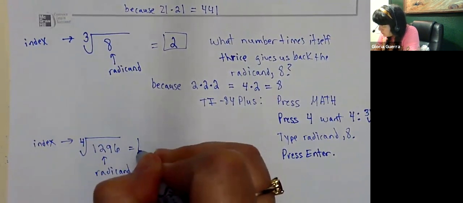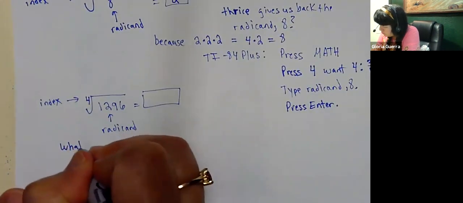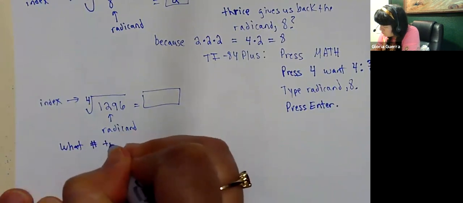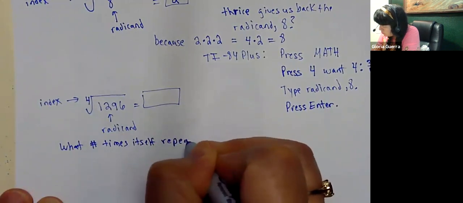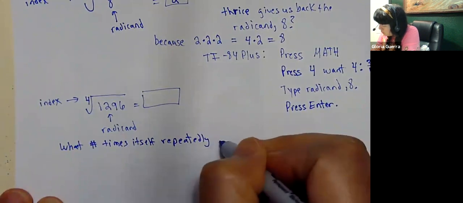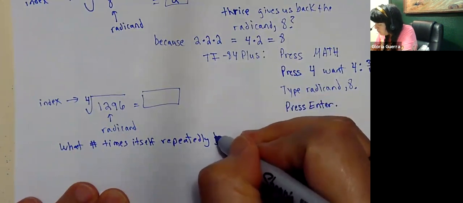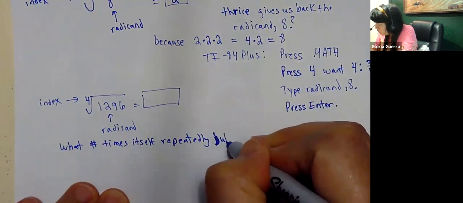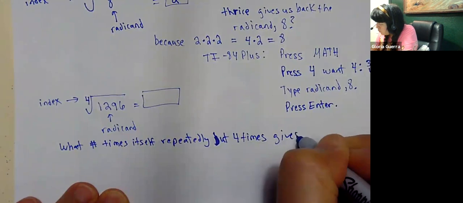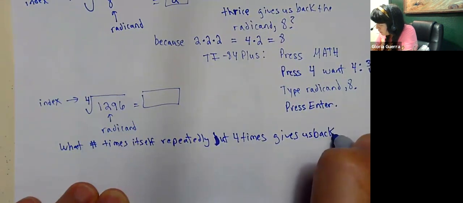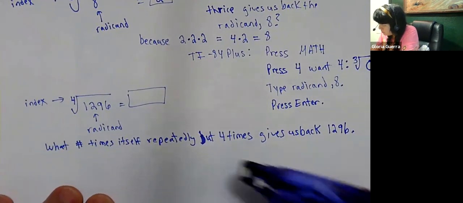And so you're asking yourself, what number times itself repetitively, over and over, but 4 times, gives us back 1,296, which is the radicand. Okay.